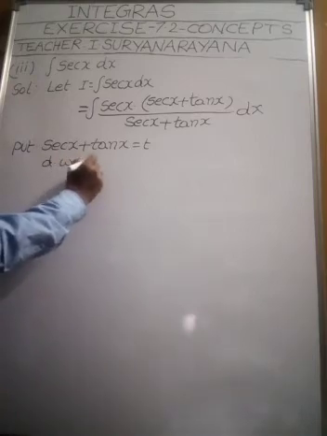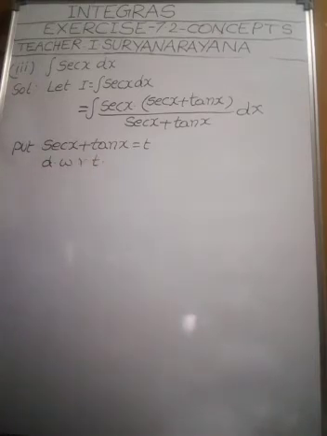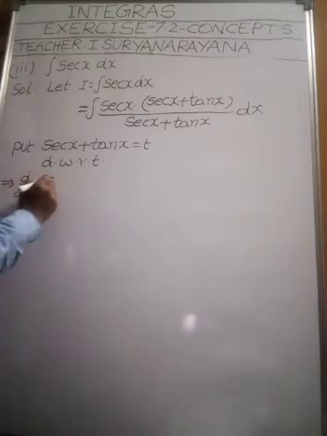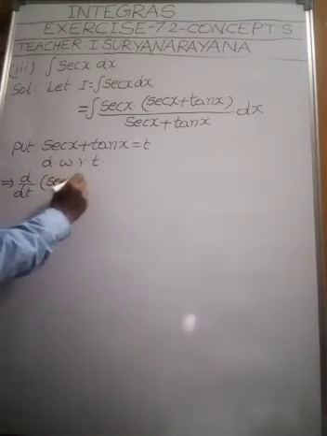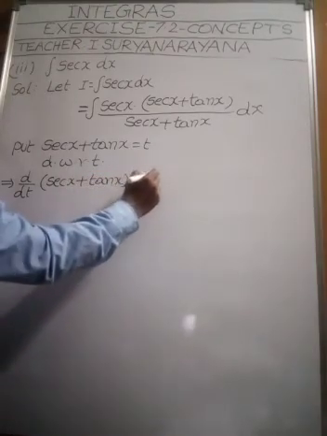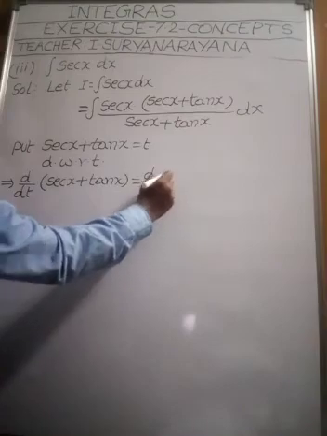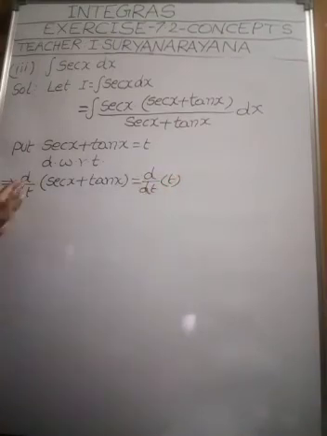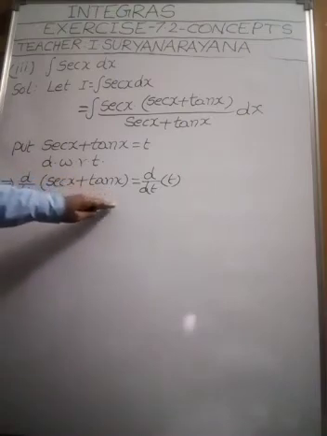We are differentiating the functions on both sides with respect to t. So d by dt of secant x plus tan x is equal to d by dt of t. I wrote differential operators on both sides. Understood this step, my children?